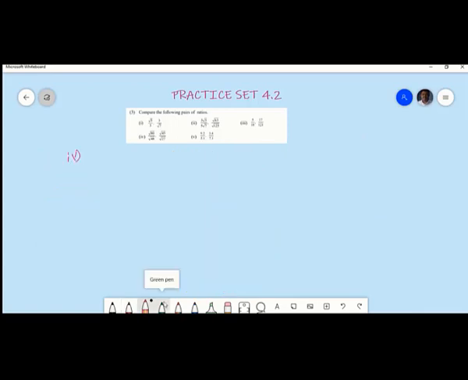Now in this way, the next example: A upon B is 4 root 5 upon root 48 and C upon D is root 40 upon root 27.